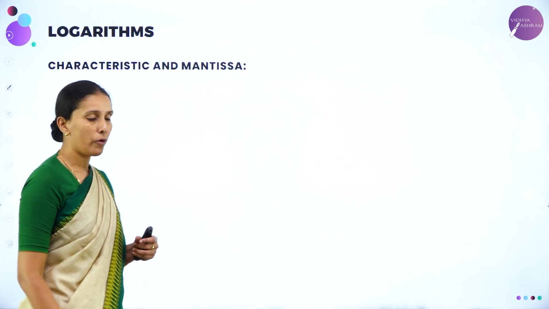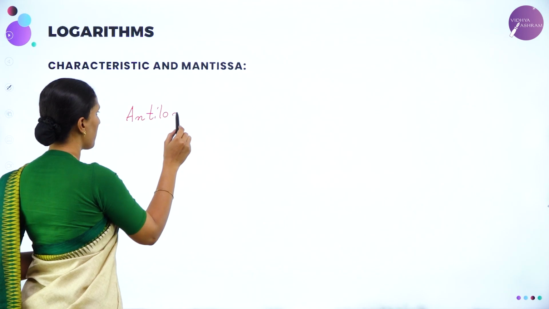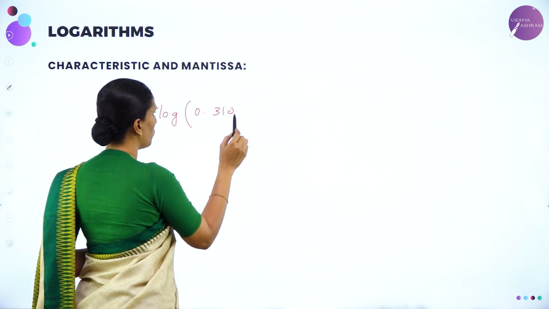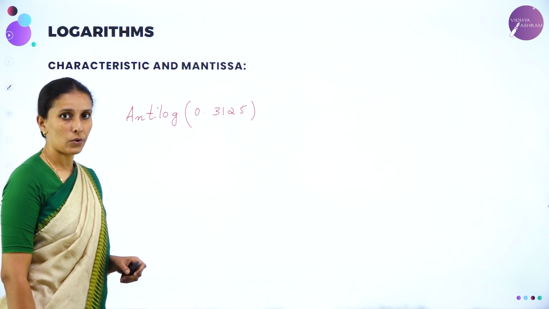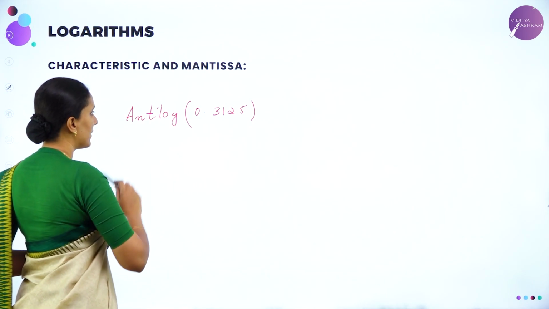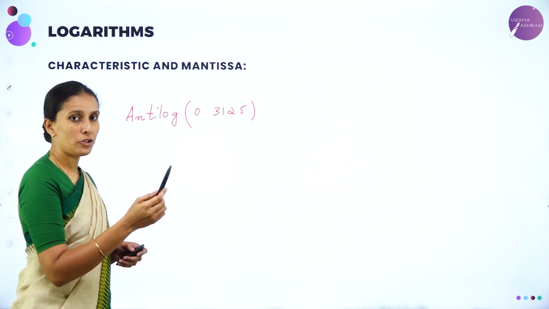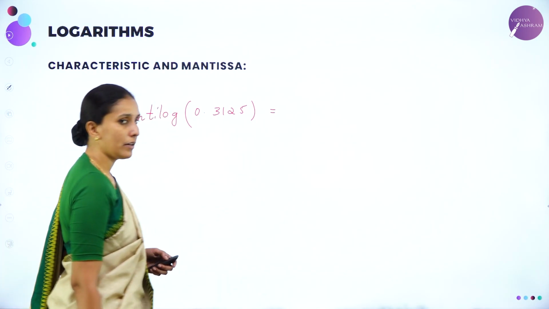Now let me take one more example. Let me find the anti-log of 0.3125. Here the characteristic is 0, so we will neglect it and consider the number 0.3125.